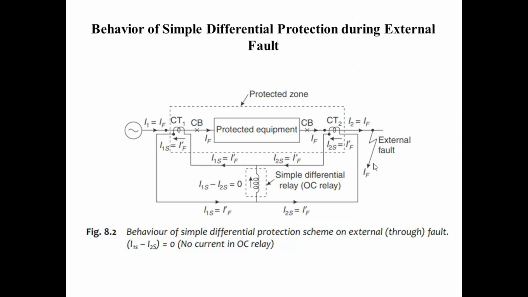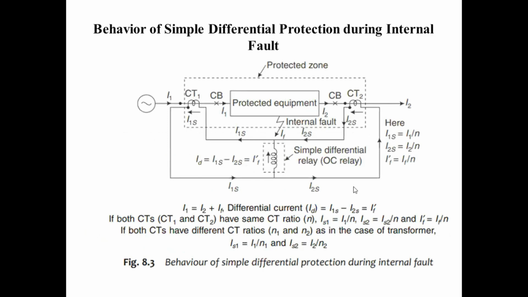In that case, this simple differential protection does not operate. It works only when an internal fault occurs. In normal or healthy conditions and for external faults, the CT1 and CT2 currents are not changed.